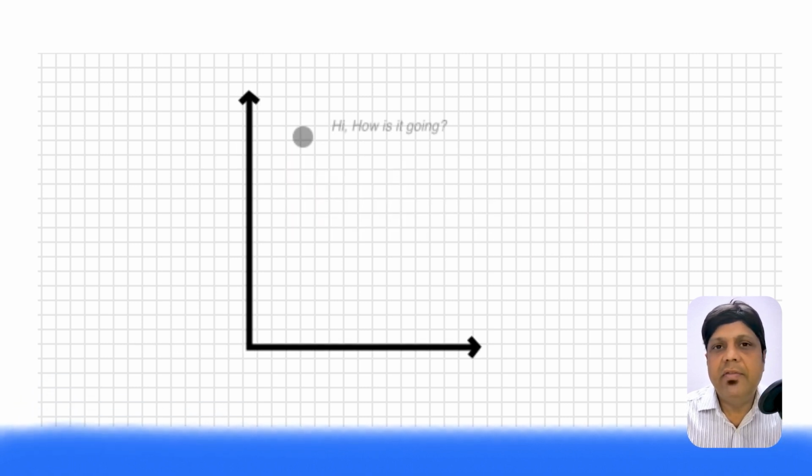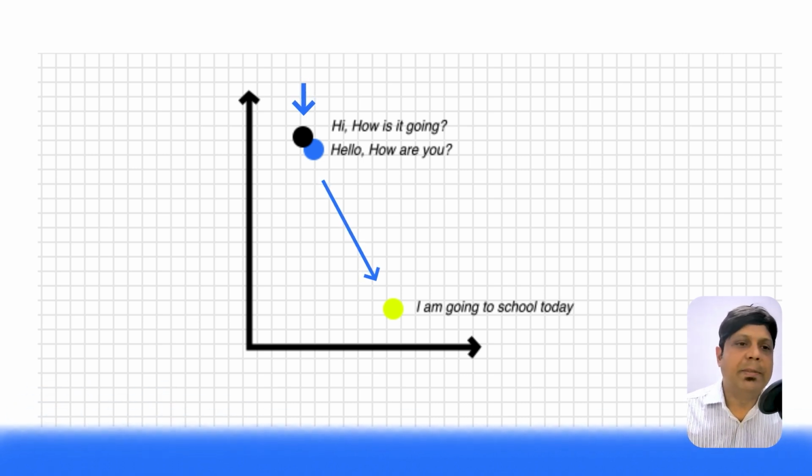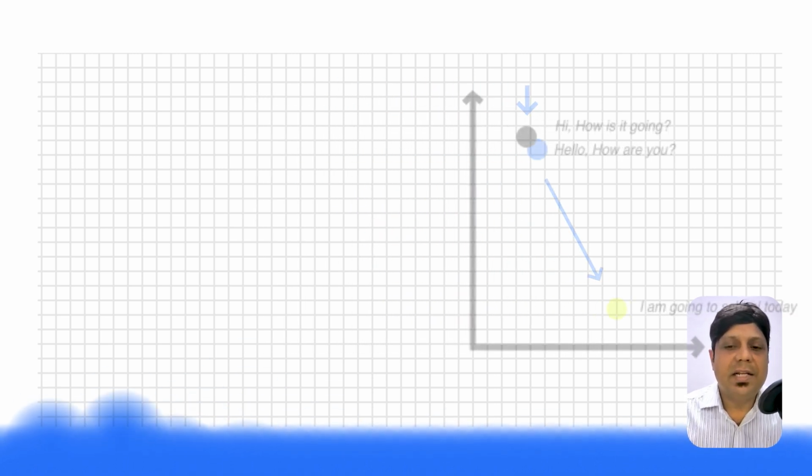Once we do that, we calculate the distance between two words or two sentences. If the distance is less, we say that these two words or sentences are similar in meaning. And if the distance is more, we say they are not similar. So that's the concept.